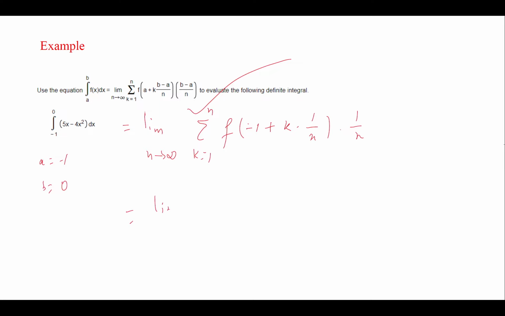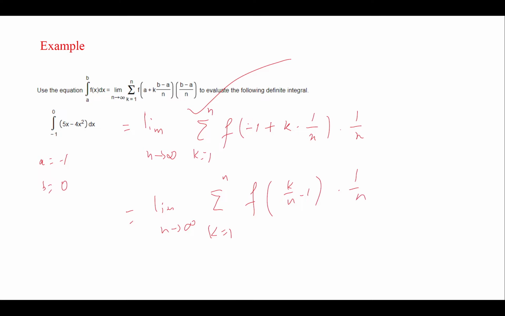So the formula is the sum from k equals 1 to n of f of (k over n minus 1) times 1 over n.